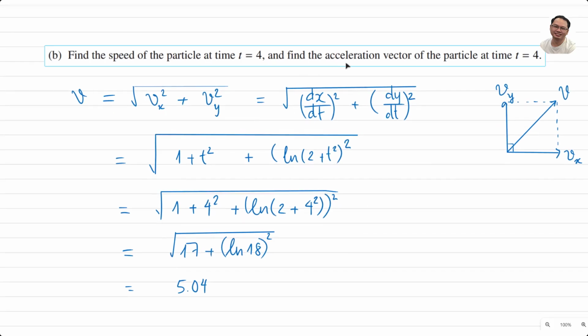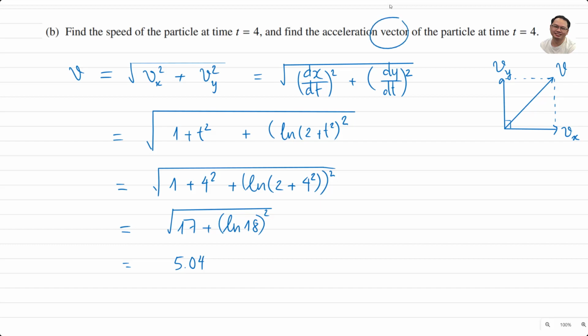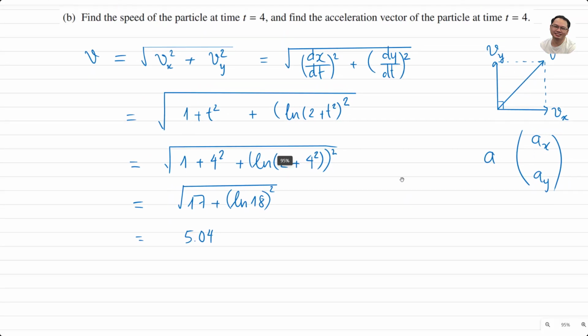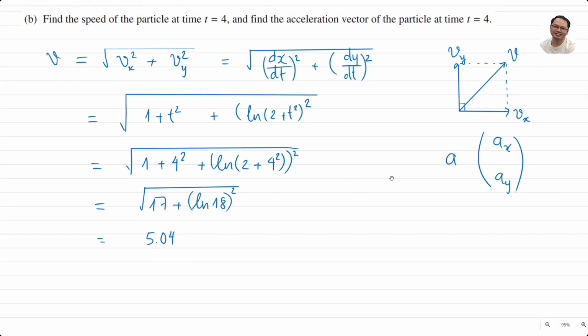The next thing, we need to find the acceleration vector. The question is vector, meaning it has two components, ax and ay, represented by a vector like this. This is ax and this is ay. We need to find those two components. As you might already remember, the horizontal component of the acceleration is the differentiation of the horizontal velocity, dvx over dt, differentiation with respect to the time.